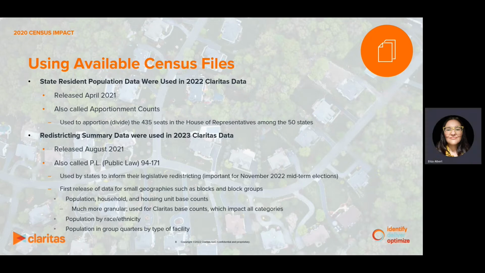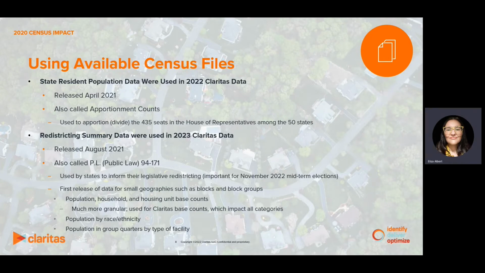We also now have redistricting summary data being used in the 2023 update. These were released in August of 2021, and they're also called PL, which stands for Public Law 94-171, and they're used by states to inform their legislative redistricting, which is important ahead of the November '22 midterm elections.